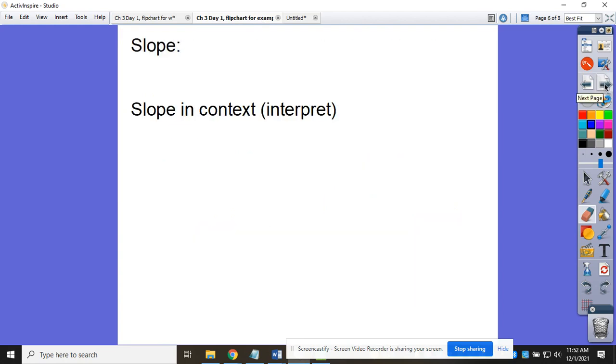All right, so our slope is which number? Exact number? So in context, for every... what?